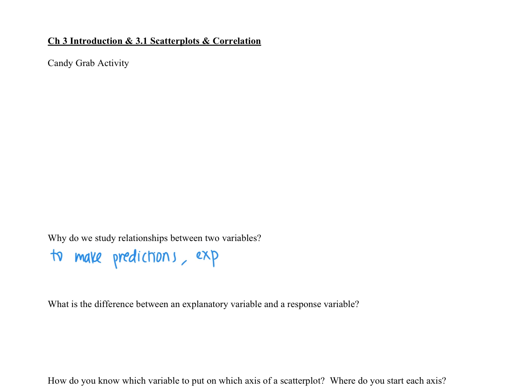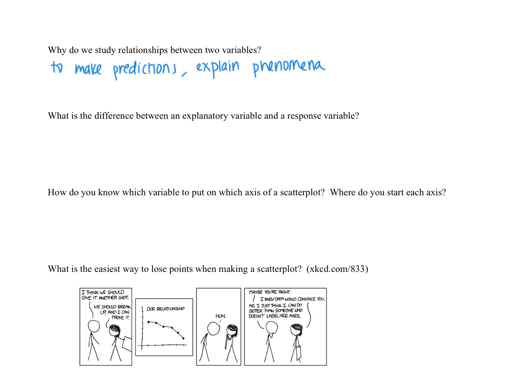Maybe we want to explain certain phenomena. There is a whole bunch of different ways that you can refer to x and y. In stats, the explanatory variable, that refers to x. The response variable, that refers to y.